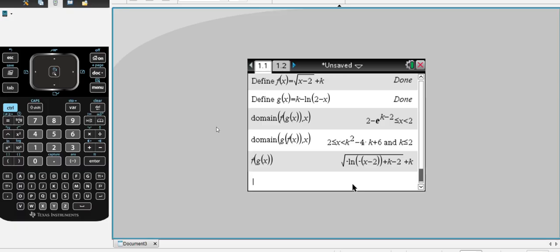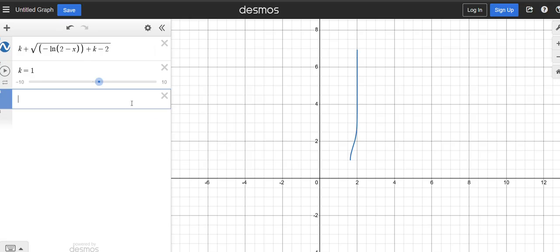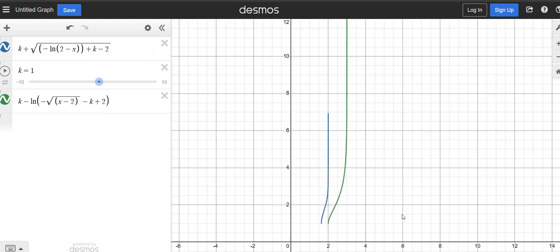And then g of f of x is that, so k minus ln negative square root x minus 2 minus k plus 2. All right, so this is what we have here.